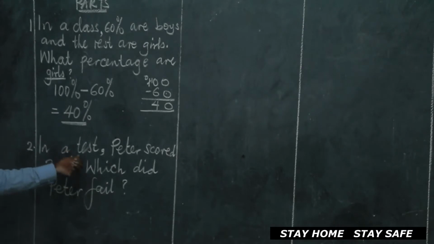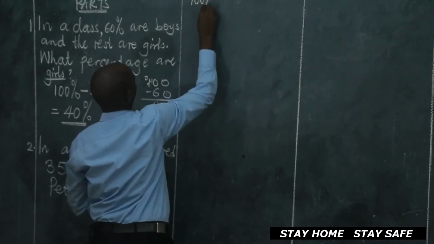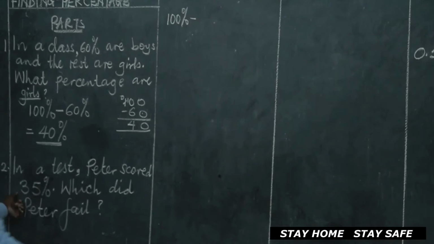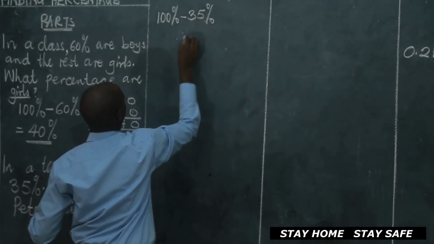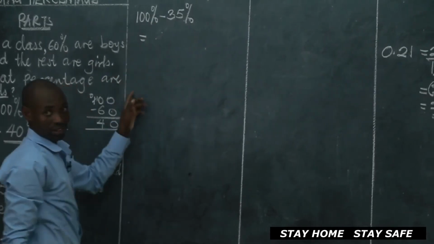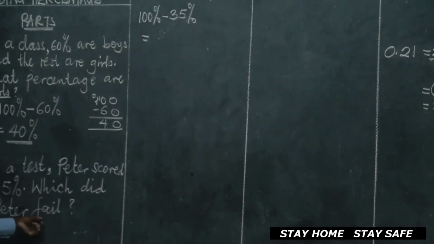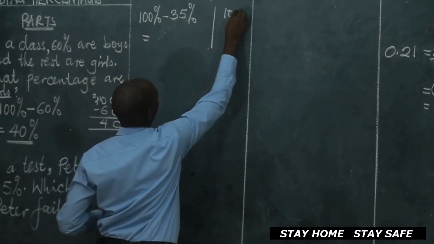Now, in case this Peter passed all the numbers, he was supposed to get 100%. We take away the percentage which he has got. So we shall take away 35%. Then the percentage which we shall get is the percentage which Peter failed. Therefore, on our side work, we shall have 100%.